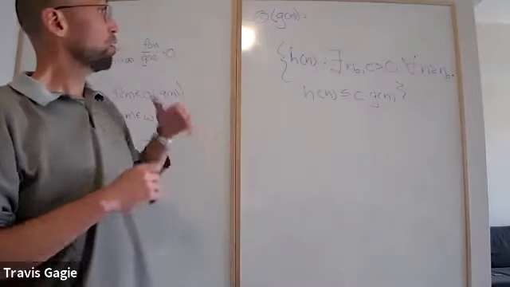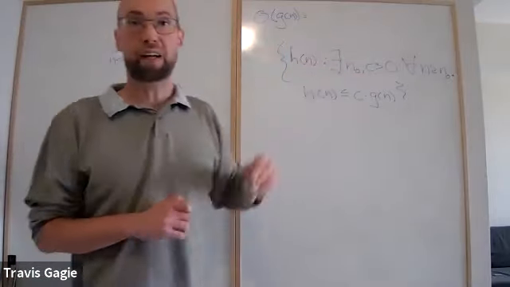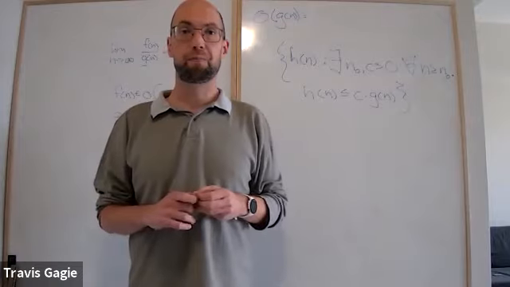So for sufficiently large n, h of n is at most a constant factor times g of n. Okay?